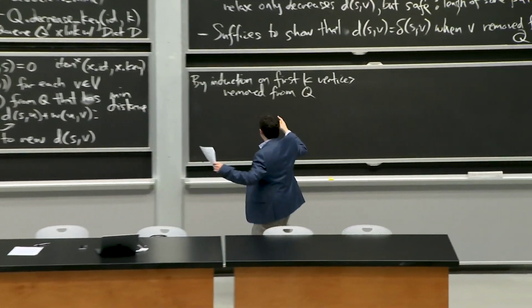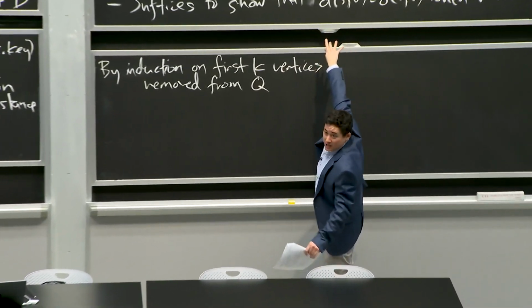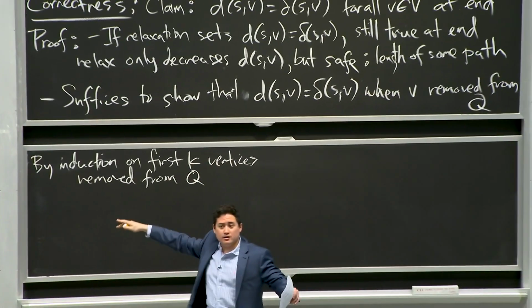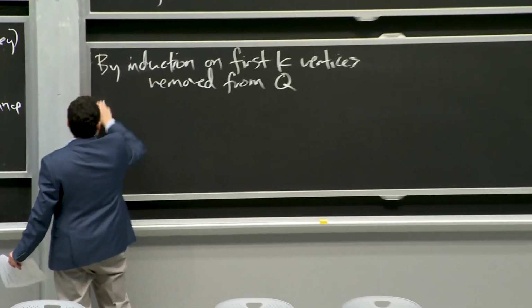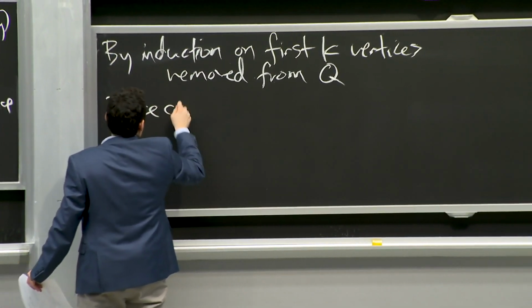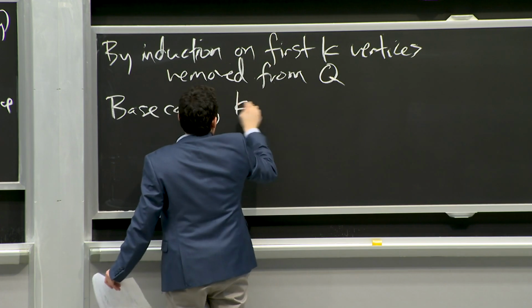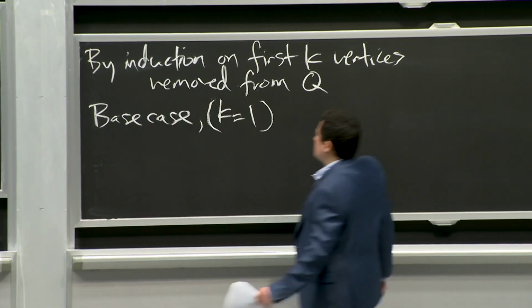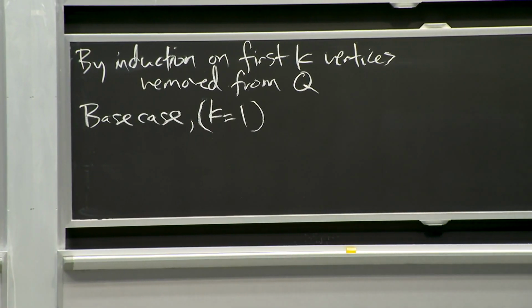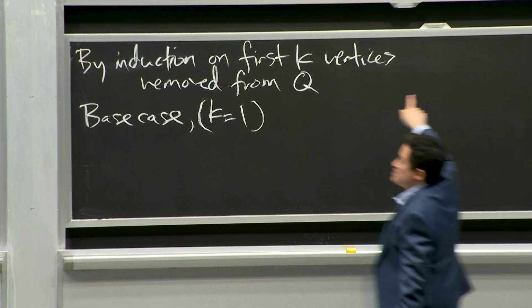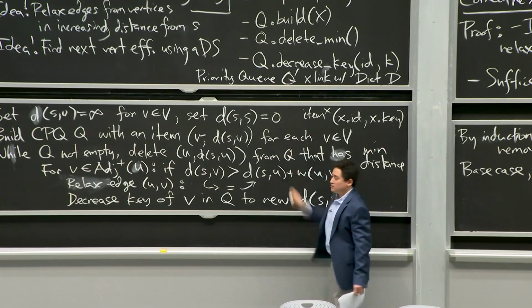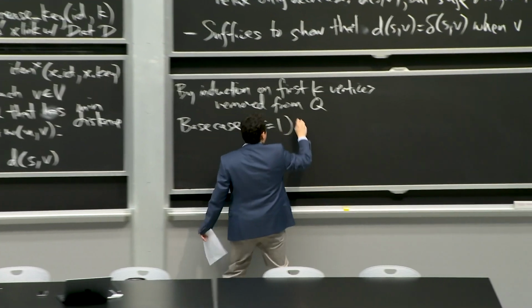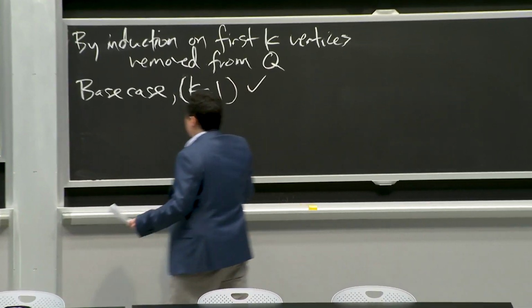So I'm going to just argue that this claim is true for the first k, right? Clearly that's true for the base case, k equals 1. What is k equals 1? That means the first vertex that I pop has this property, which is definitely true because we set the shortest path distance to s to be 0. That's all good. Okay. Now we have our inductive step.